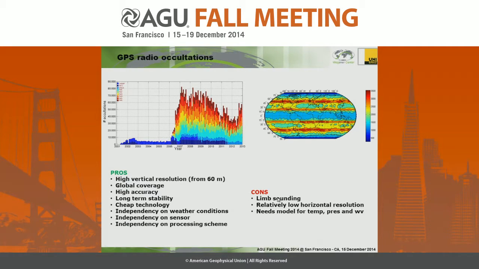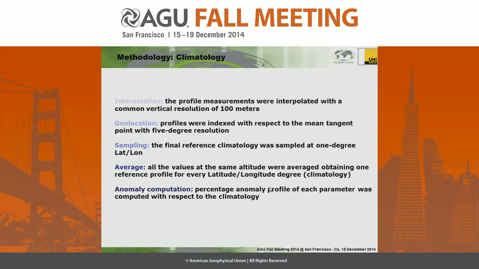The cons are that it is a limb sounding technique, and the horizontal resolution is relatively low, between 70 and 250 kilometers, and it needs a model for retrieving temperature, pressure, and water vapor.